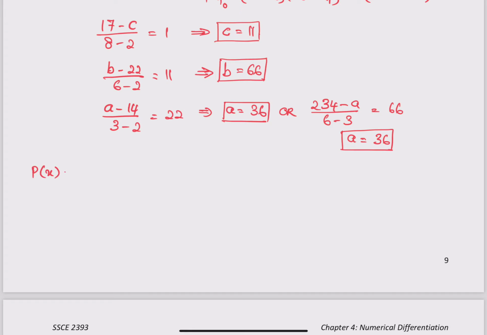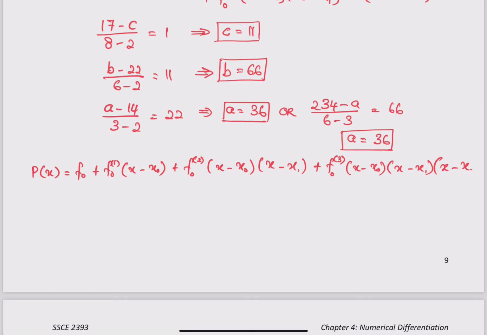You can substitute all the values into the formula: plus f naught 1 times x minus x naught, and then plus f naught 2 times x minus x naught times x minus x1, and we have up to f naught 3 at level 3, and then x minus x naught, x minus x1, x minus x2, and then after that you have all the values.